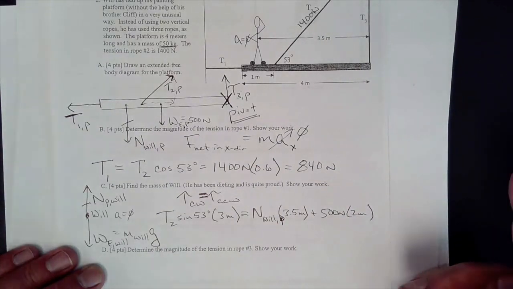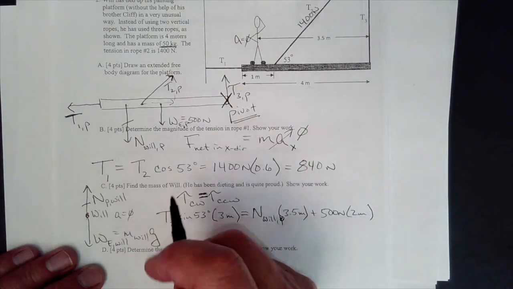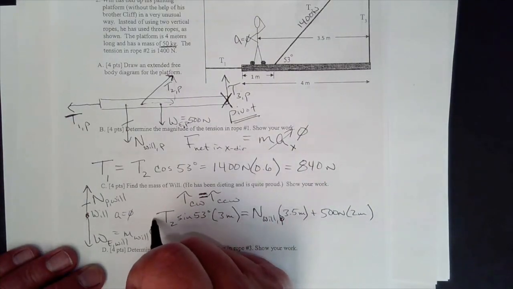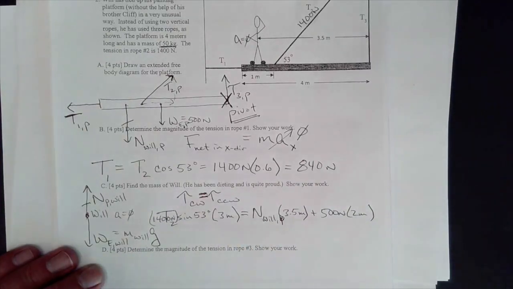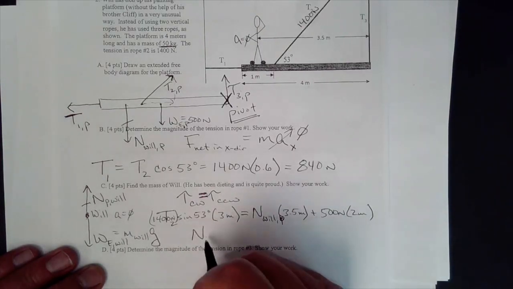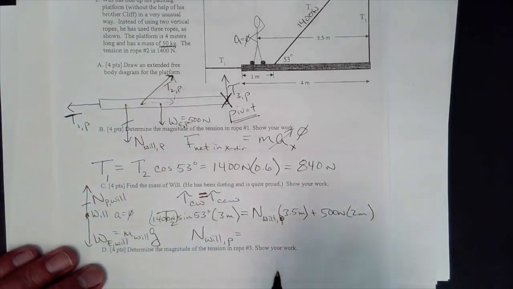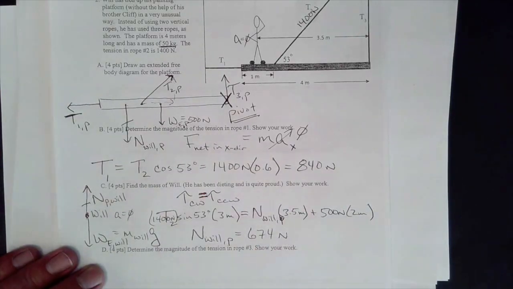Now, if I solve that, and again, I know what T2 is. That's my 1,400 newtons. If I solve that, what I get is a normal force by Will on the platform is equal to 674 newtons.